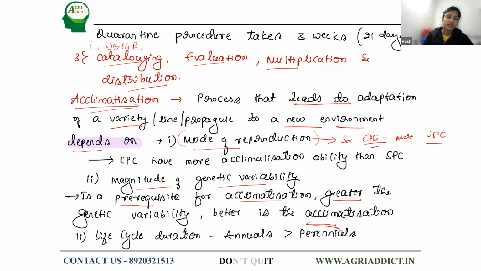And thirdly, it will depend on the life cycle duration. So annuals are better adapted than the perennials. Can anybody say why? Annuals are better adapted than the perennials.